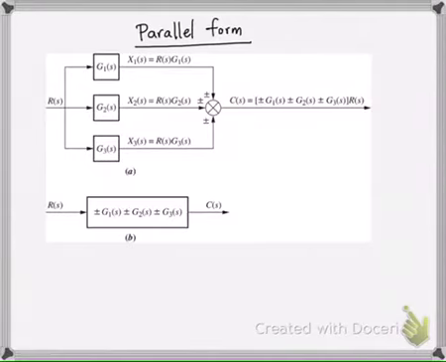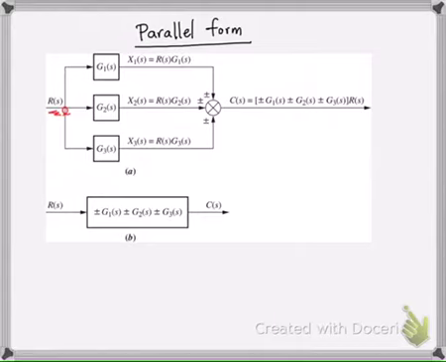The next type of interconnection of multiple subsystems is the parallel form. In this case, you have a pickoff point here. There are 3 signals departing from it, so the same signal R of S serves as the input to 3 systems, G1, G2, and G3.